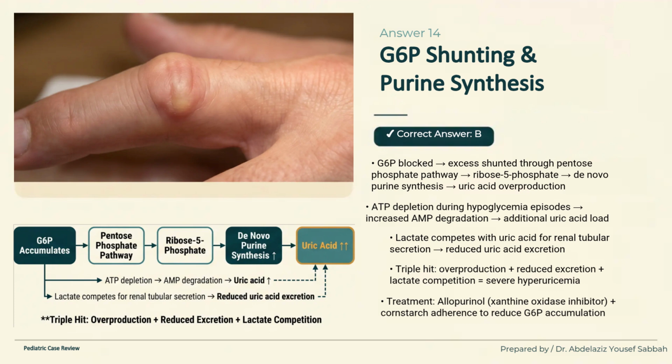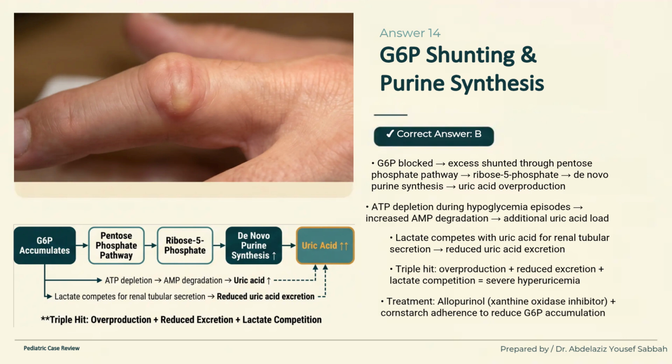When glucose 6-phosphate is blocked, the excess is shunted through the pentose phosphate pathway to ribose 5-phosphate, which fuels de novo purine synthesis, and this drives uric acid overproduction. There is also a second mechanism. During hypoglycemic episodes, ATP is depleted, increasing breakdown of adenosine monophosphate, which adds a further uric acid load.